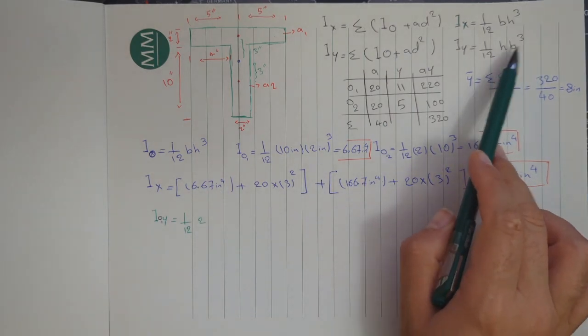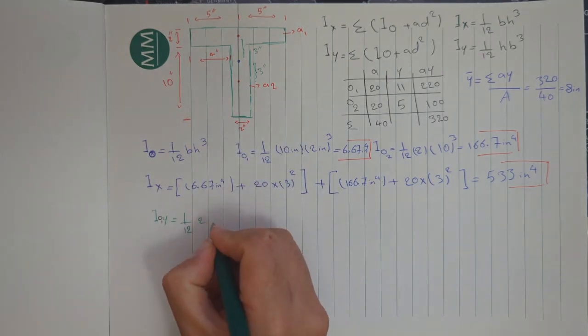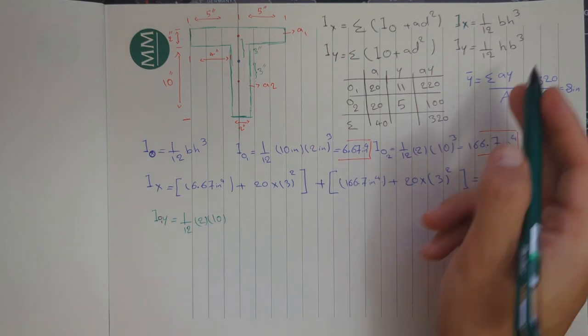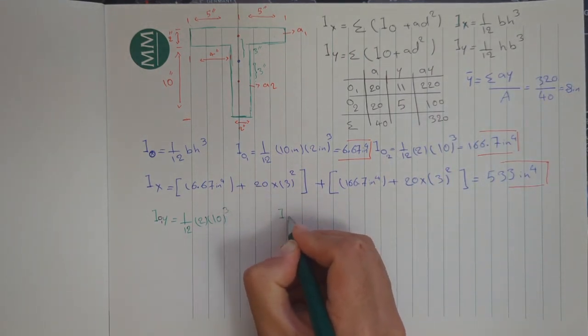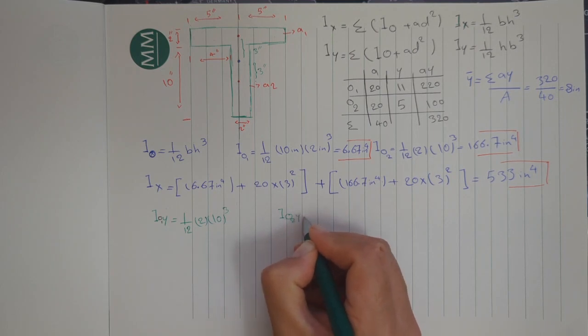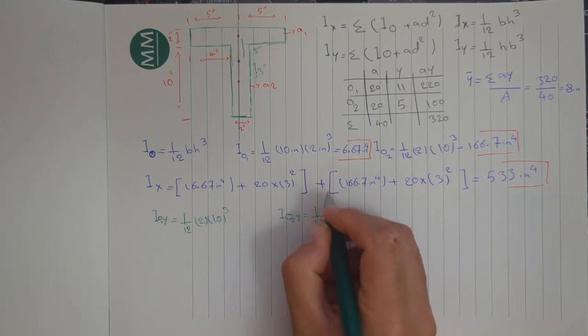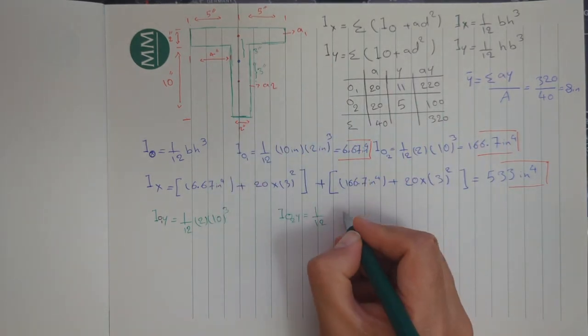And what's object number one's base? 10, cubed. And for object number 2, Iy equals 1/12 of what's the height? 10.